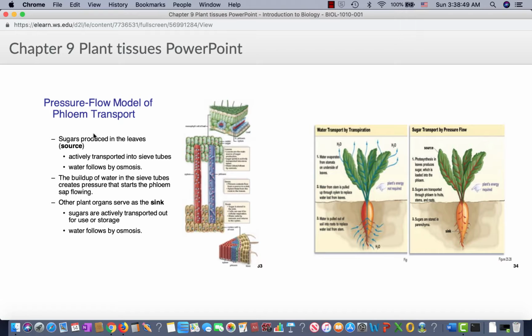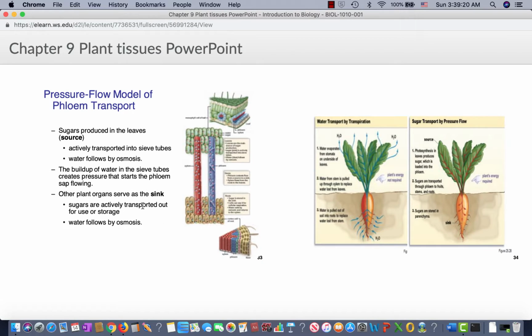The only thing that you have to actively transport is moving the sugars into the sieves here. And then after that, water will flow by osmosis. It'll build up pressure here. And once that reaches sufficient pressure, because you've got water flowing into the sieves to even out the concentration gradient, then the sap will just flow down to the rest of the plant. But then you'll have to actively transport out the sugar once you get it to where it has to go.